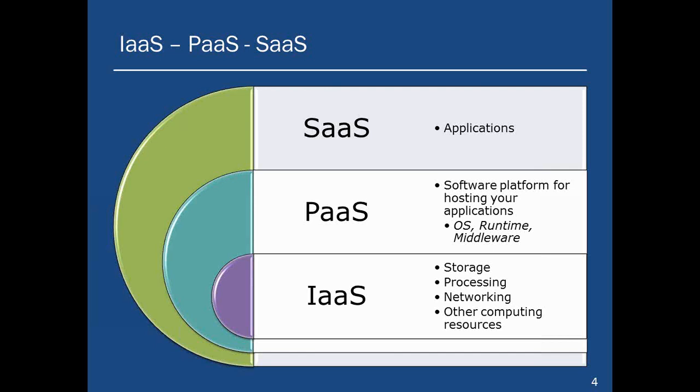So if you see the stack, there are basically multiple components. Again, starting from the bottom, the components you have are the servers that you need. You need a storage space, you need virtualization if you want to handle multiple users, and then you need networking support. On top of this, you also need an operating system and a middleware or runtime where you can put your application or your data.